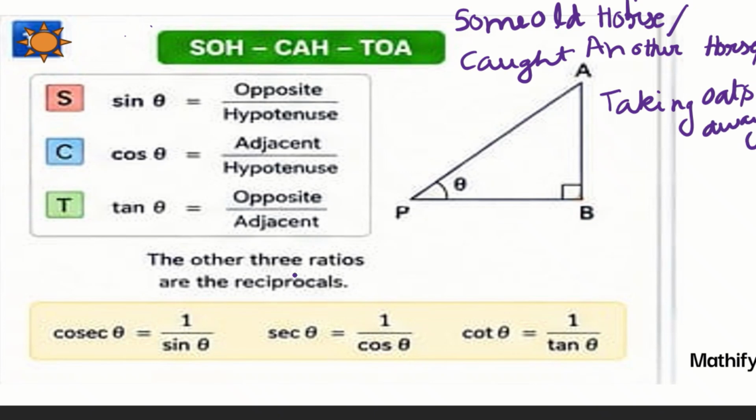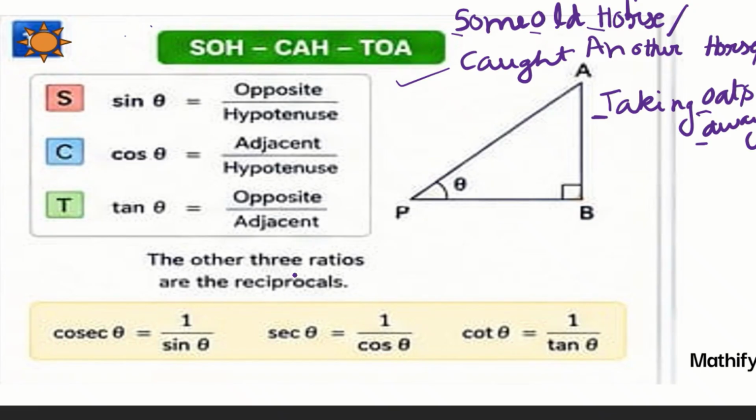Some old horse: S for sine, O for opposite, H for hypotenuse. Caught another horse: C for cos, A for adjacent, H for hypotenuse. Taking oats away: T for tan, O for opposite, A for adjacent. You can learn by this also, and you can learn by SOHCAHTOA.